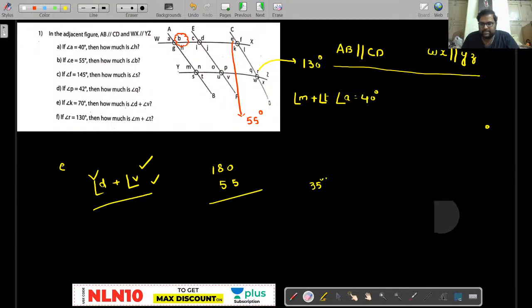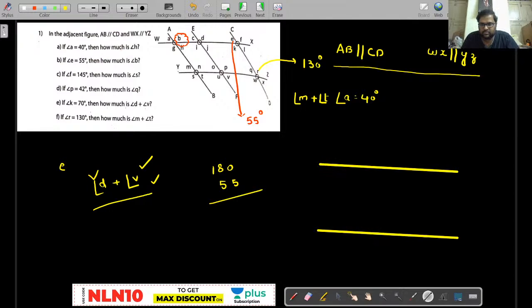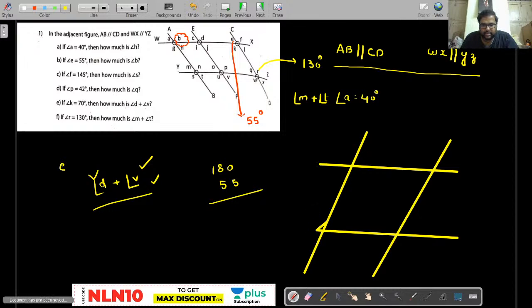As it is very clumsy, I will draw it again, don't worry. You are asked to find out the sum of angle M and angle T. Am I right? Yes. Now you are given angle R is equal to 130.